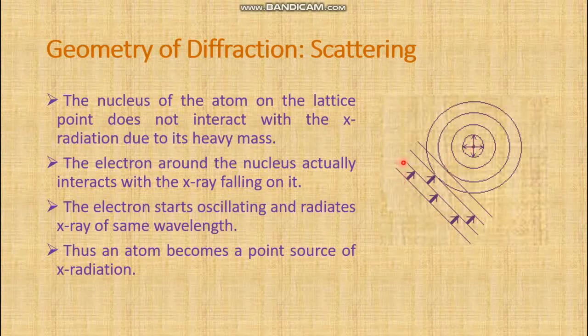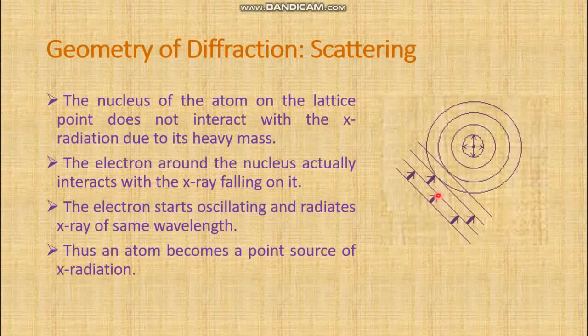Now what about these lines? These parallel straight lines are known as the wavefronts. Suppose the X-ray starts from here, and the distance between these two lines is 1 lambda. That means it is completing one cycle of its wave, from here up and down and here.